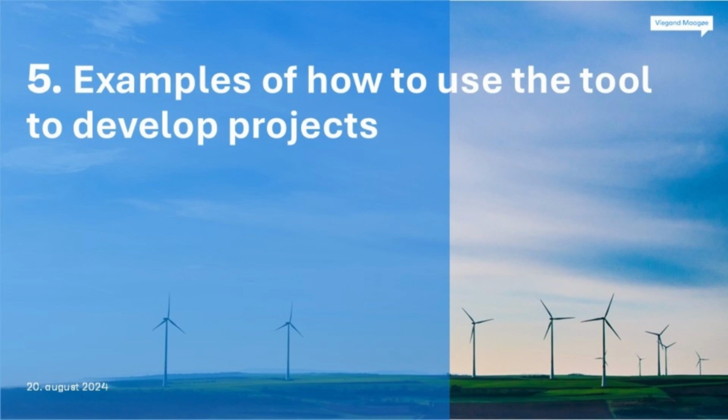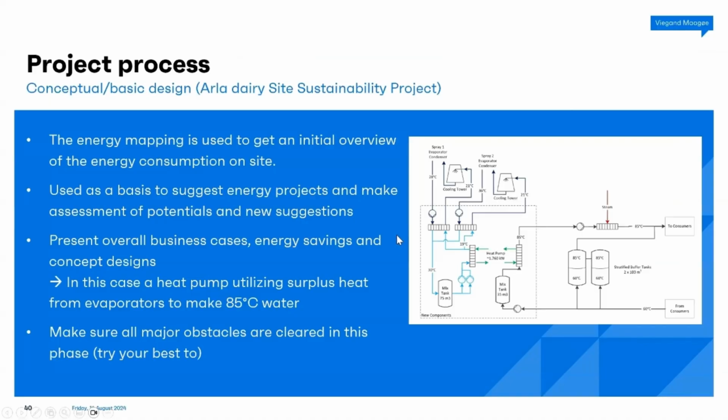We have a last example here of the process of developing a project based on the energy mapping. I will go through it very fast. Here we have a system. We have mapped it out. We have identified that we have a surplus heat from cooling of evaporators.